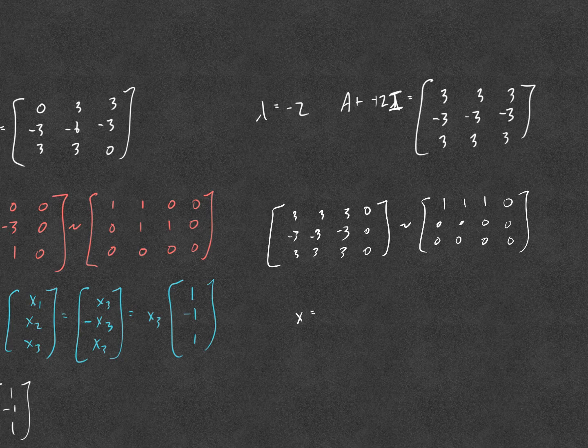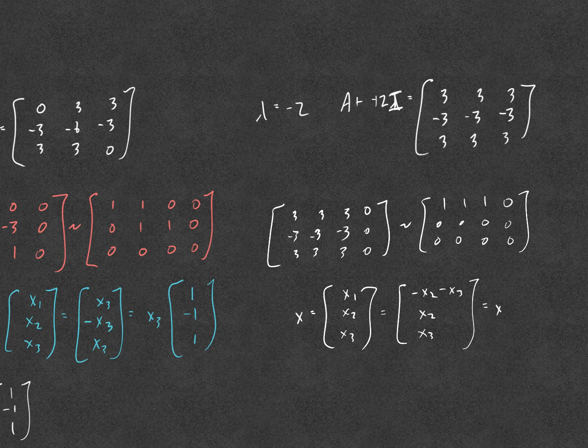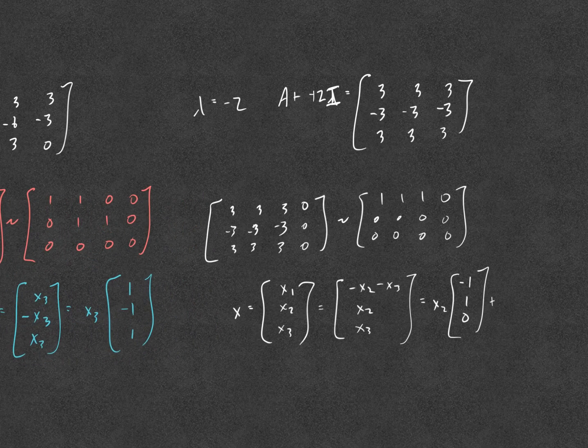So I represent my solution just like I did previously. x1, x2, x3. We can see that x2 and x3 are free because they're missing pivots. x1 is negative x2 minus x3, and that is how we'll get our other 2 eigenvectors. x2 times minus 1, 1, 0, and plus x3 times minus 1, 0, and positive 1.